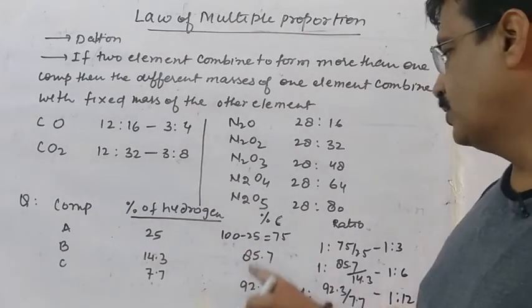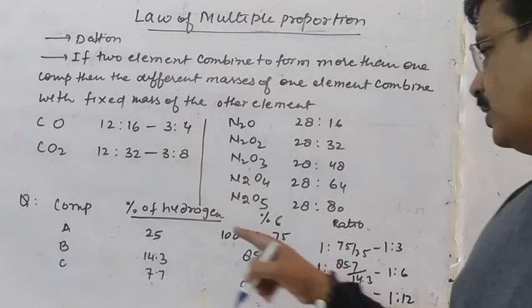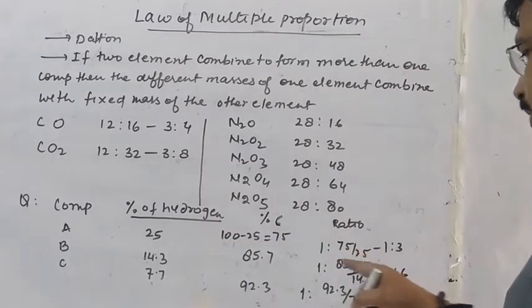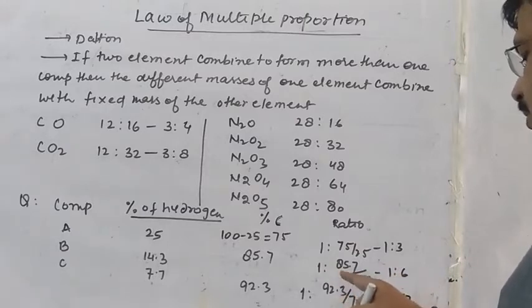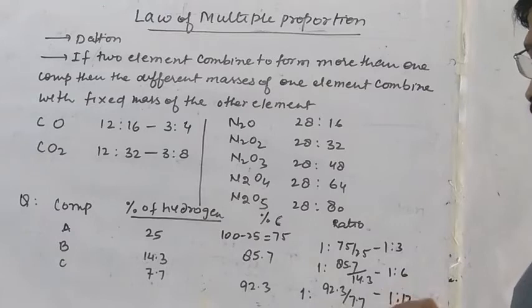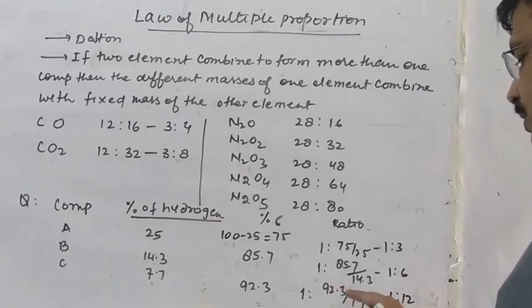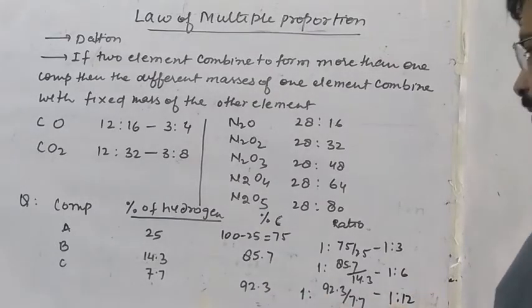This is the percentage of carbon, and that one is hydrogen. So taking hydrogen as 1, 25 to 75 gives 1:3, 14.3 to 85.7 gives 1:6, and 7.7 to 92.3 gives 1:12.